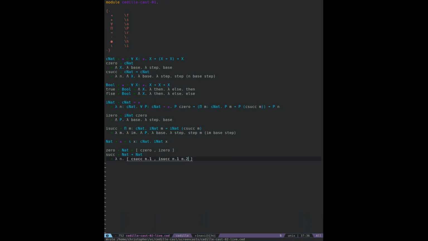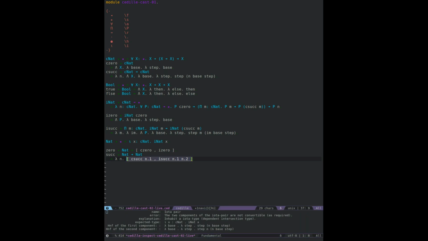But now Cedille gives us the underline and bold of a grave mistake, given in this error: the 2 components of the iota pair are not convertible. Here, the head normal form of the first component is step applied to n base step, but in the second component, I have this additional argument n.